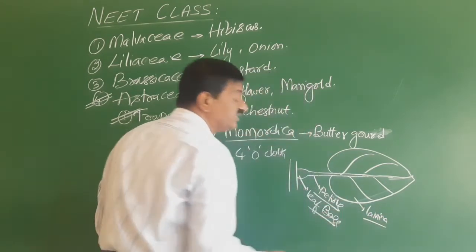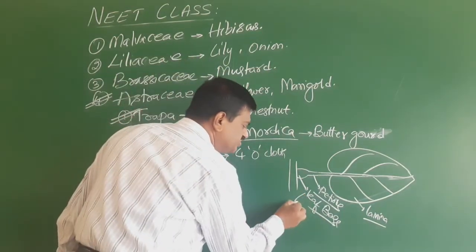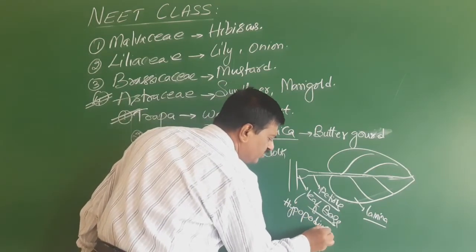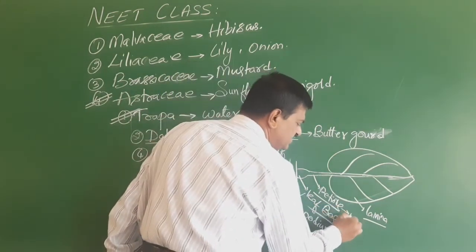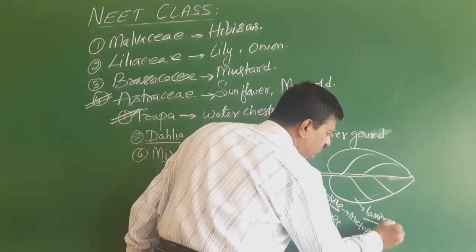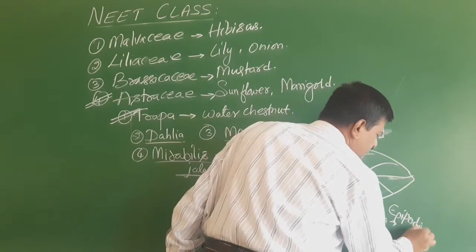The first part is always called hypopodium. The second one is called mesopodium, and the third one is called epipodium.